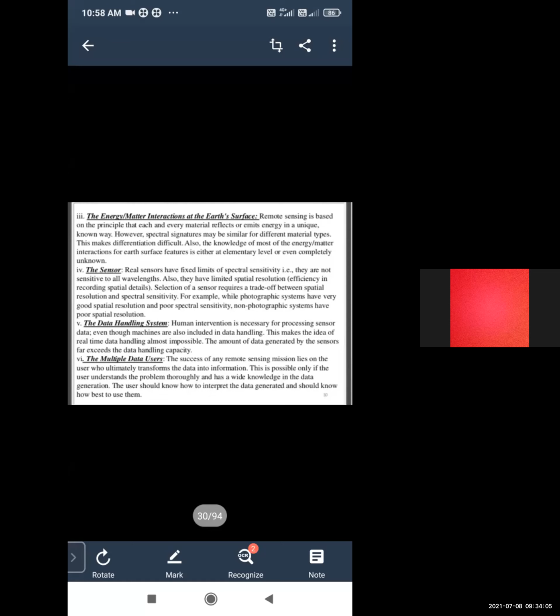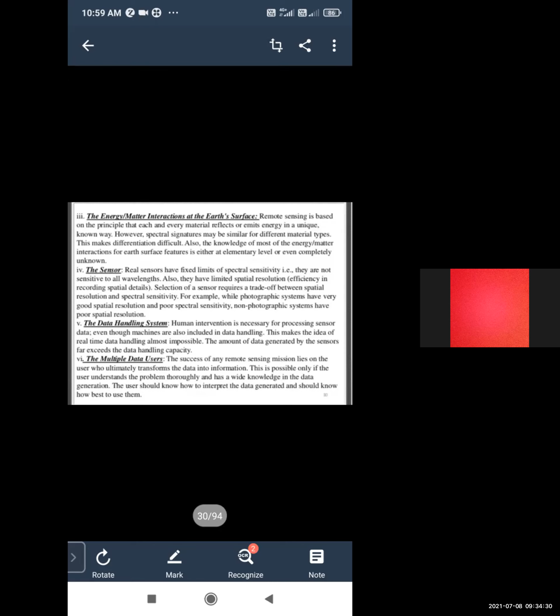All data should be calibrated according to its characteristic. The sensor also, in real sensors, has a fixed limit of spectral sensitivity. That is, they are not sensitive to all wavelengths, and they have limited spatial resolution. But in the ideal condition, there is no limited resolution, and it is sensitive to all wavelengths.